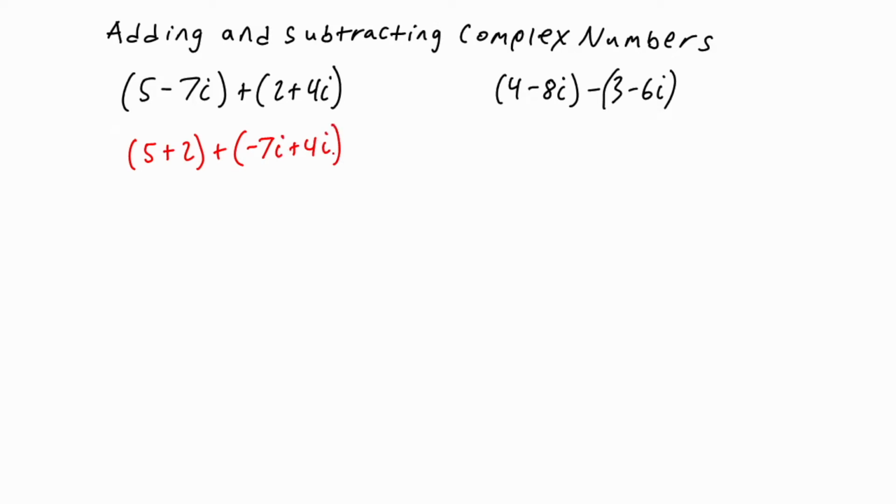And so we group those things together, the reals together and the imaginary together. So 5 plus 2 is 7, and then negative 7i plus 4i is a negative 3i. And this is our answer.